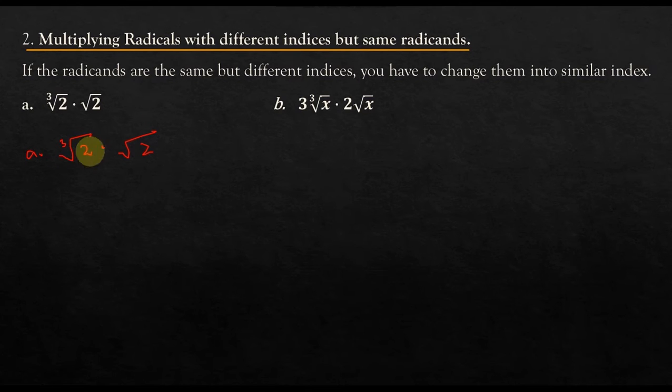So cube root of 2 can be changed to 2 raised to 1/3, times square root of 2, that is 2 raised to 1/2. Next, since they have the same base, we can combine them. Copy the same base, and then we can add the exponents, 1/3 plus 1/2. In this process, you just need to apply the LCD to get the sum of 1/3 and 1/2.